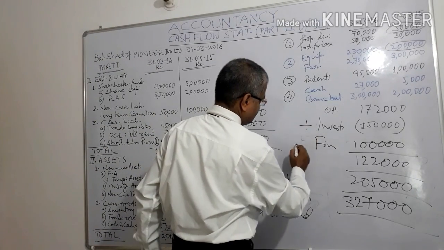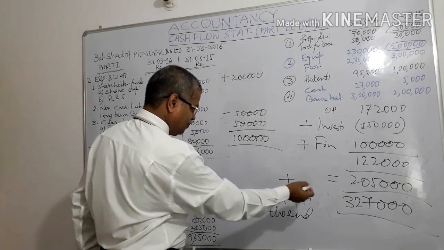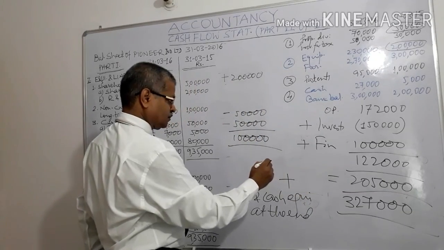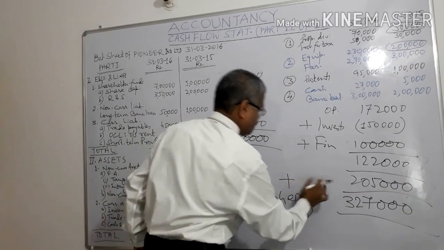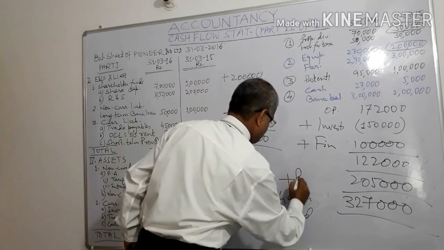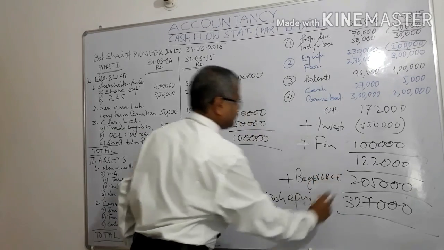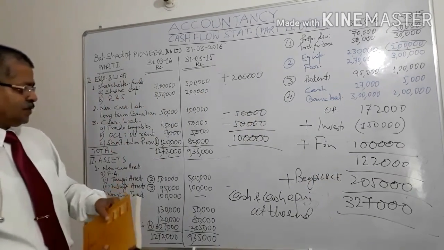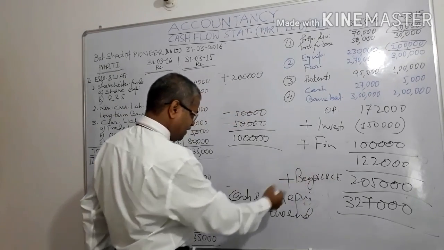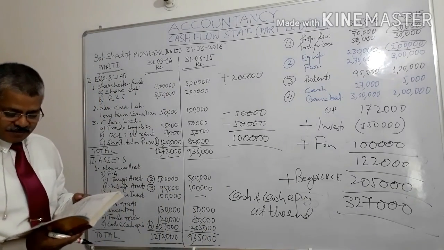This plus this is equal to this. Here we have added at the beginning cash and cash equivalent, right? So 122 plus beginning is cash and cash equivalent at the end, 327, right?